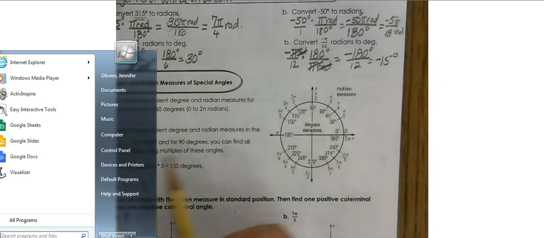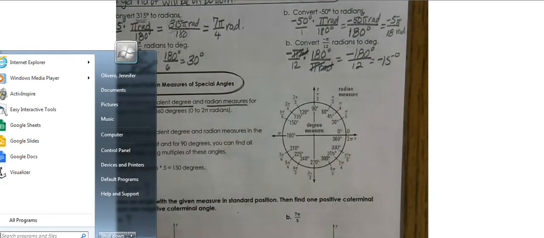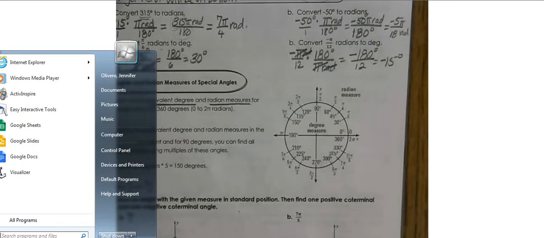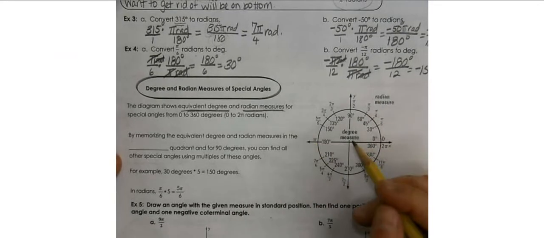The diagram shows the equivalent degrees and radian measures for the special angles from 0 to 360 degrees and from 0 to 2 pi. Let me make sure that we're on the same page. Sorry about that. So that's what we see here. That's what the circle is all about. We have going from 0 to 360 degrees and 0 to 2 pi radians.